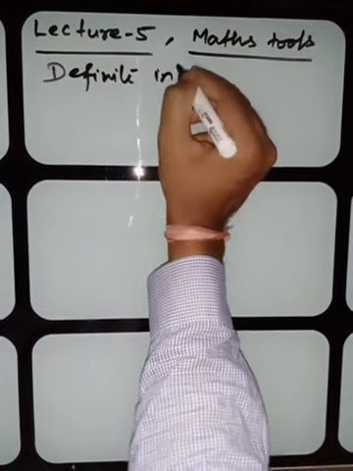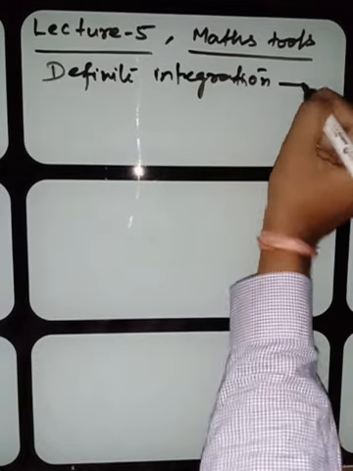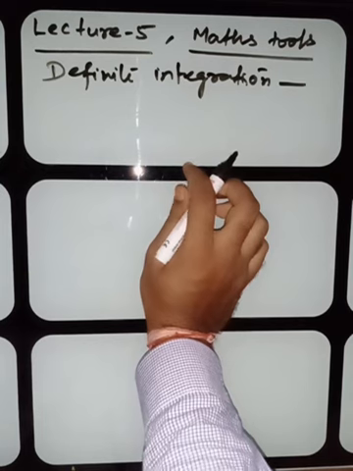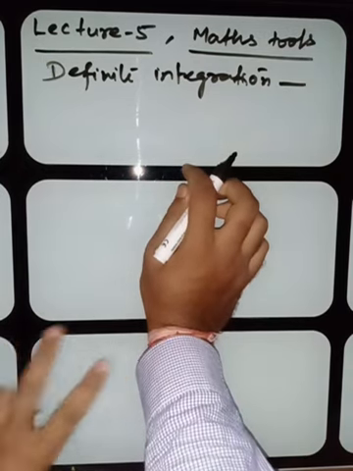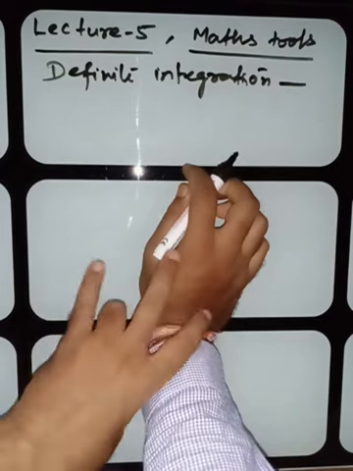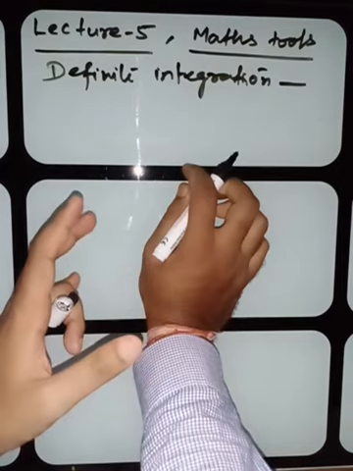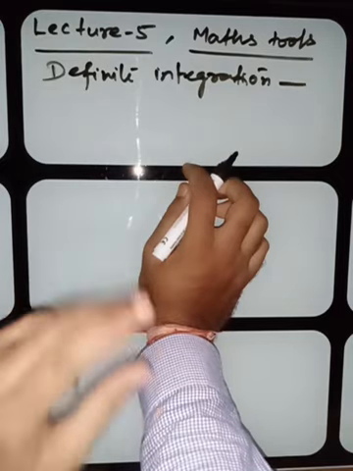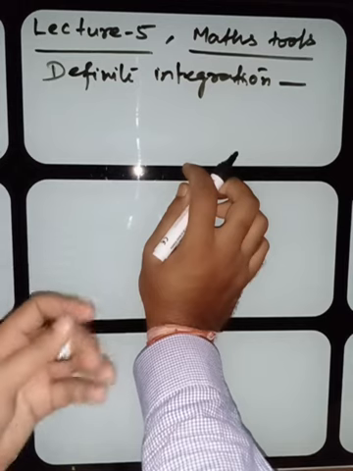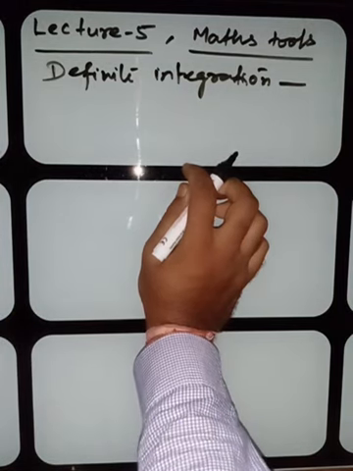Definite integration. As I told you, students, in definite integration you get a fixed answer. It will not change. In indefinite integration the answer varies, for any value of x the answer will change, but here you get a particular, definite answer. That's why this is called definite integration.